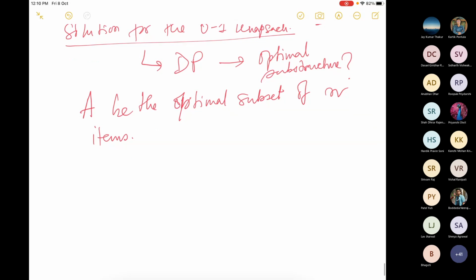Now there are two cases. Either A contains the item n or it does not.